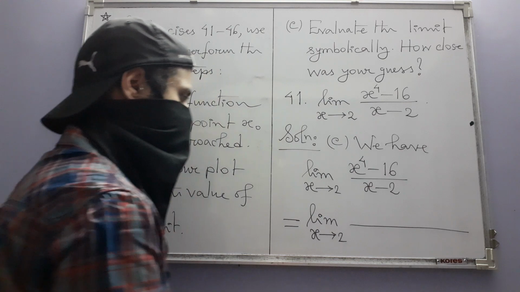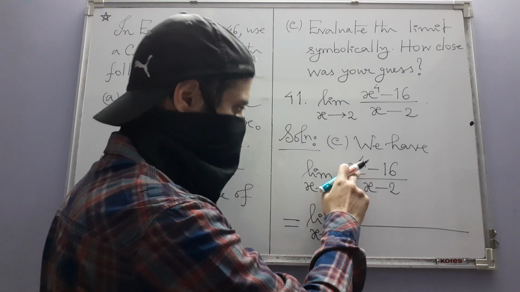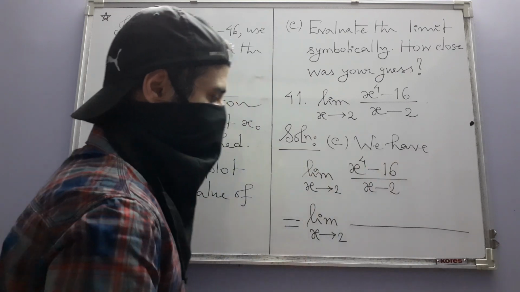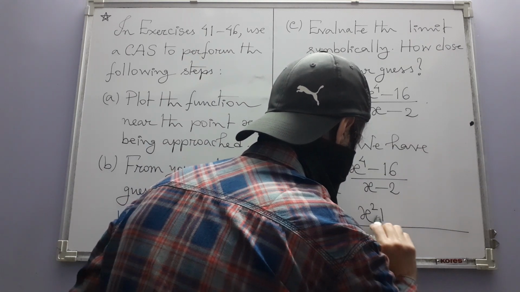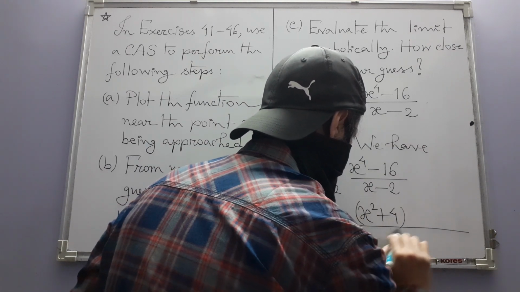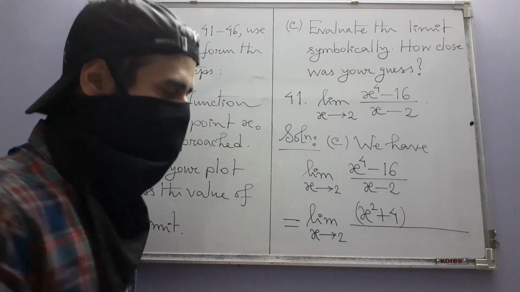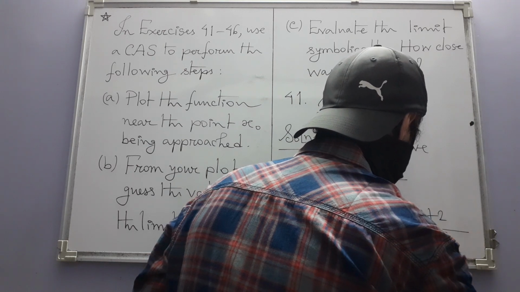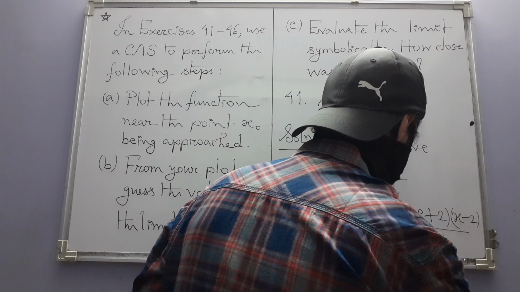If you can easily recognize what this is, this is the square of x squared minus 4 squared. So it is x squared plus 4 times x squared minus 4, which itself can also be factorized as x plus 2 times x minus 2.